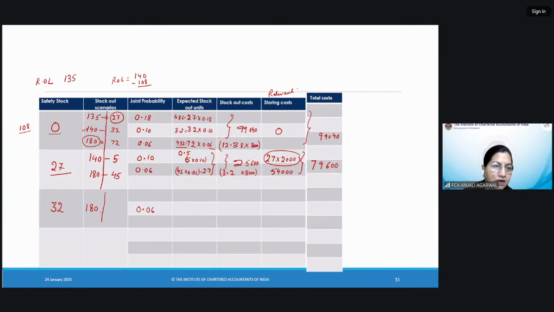Now, what is the probability of being stocked out by 180 units? 0.06. And how many units are you stocked out with? If you have a reorder level of 140 and the stock out scenario is 180, you will be stocked out by 40 units.